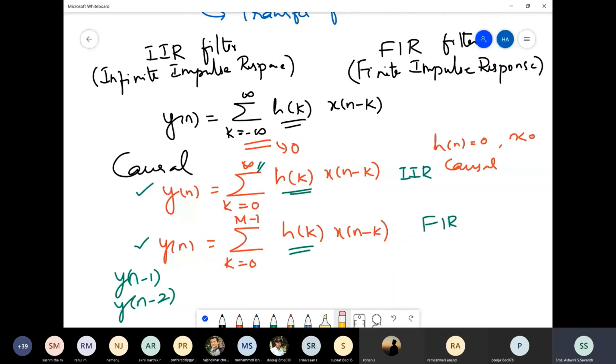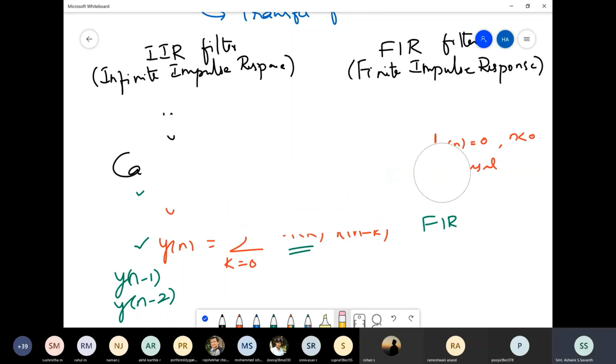IIR is a recursive filter. Recursive filters are those which depend on past outputs also. It's going to depend on x of n and past input values, but it also depends on past output values. Let me write that in the form of an equation here.